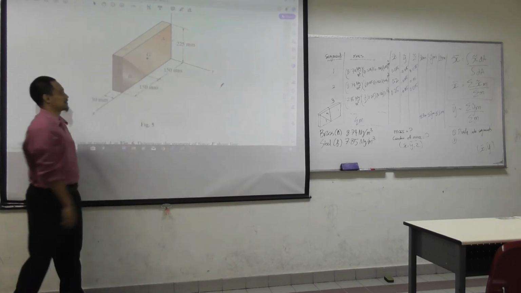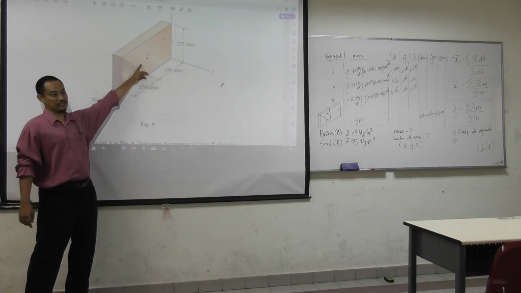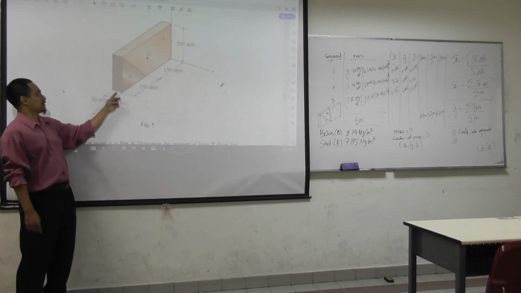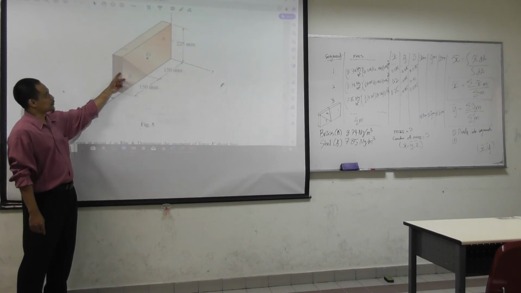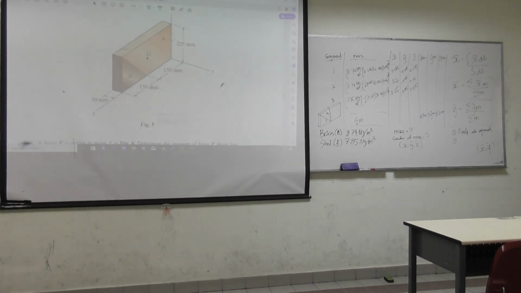What is the centroid then? X bar is 1.5. Y bar is 50 millimeter, right? And then 1125, right? So it's just an understanding question.